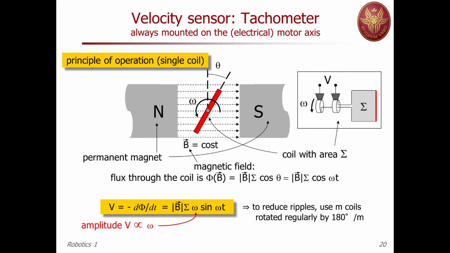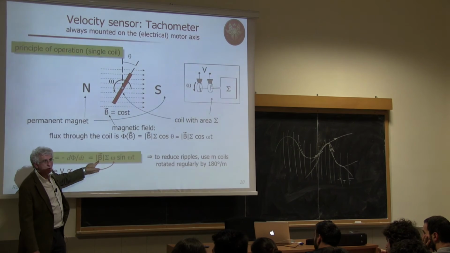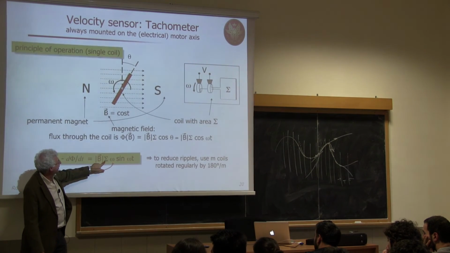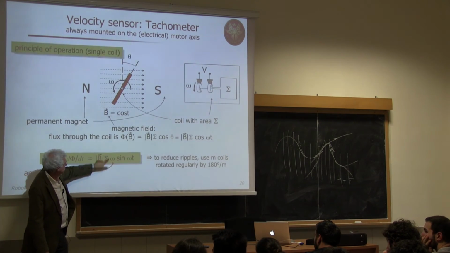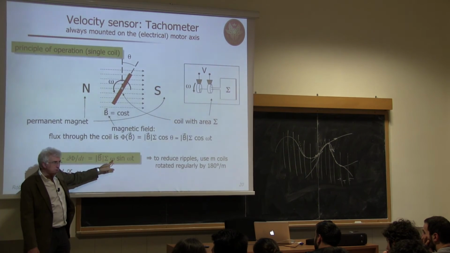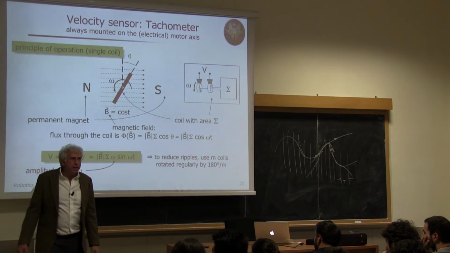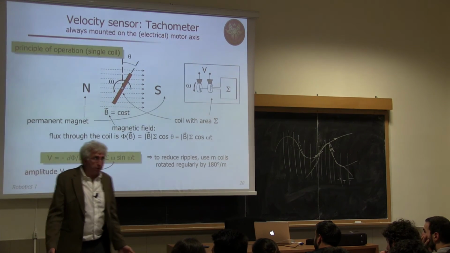There's a minus sign, it's not relevant. So you have this type of signal. Now you can see that if the sine was not there, there are some constants, the constant flux and the area of the coil, which make the tension proportional to omega. So you have an electrical signal which is proportional to the mechanical quantity that you want to measure.